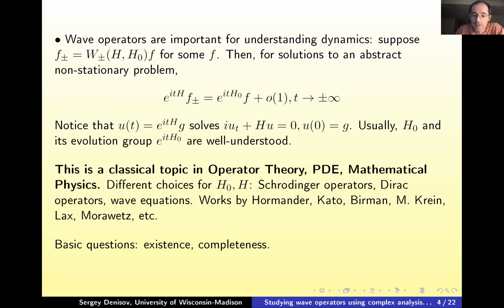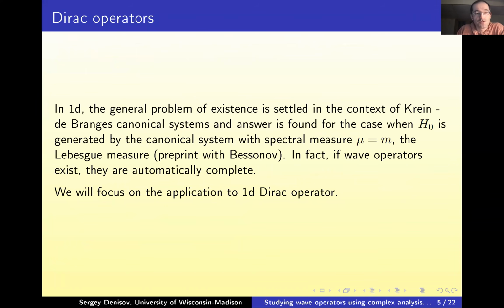It's a question of existence and a question of completeness. So let's look at the one-dimensional situation. And in a one-dimensional situation, like Alexei already explained, perhaps the most general framework to study the problems with a simple spectrum is to look at Krein-de Branges canonical systems. And then immediately, if you want to study wave operators, you need to decide what is going to be your free operator, what operators you want to perturb.